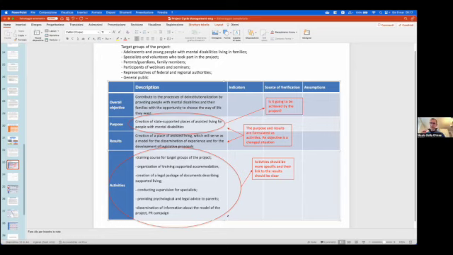This is why it is very important to identify clearly the results and to link the results to the corresponding activities, so that it is very clear why we do each activity. So this basically is the idea. I think it's very good.